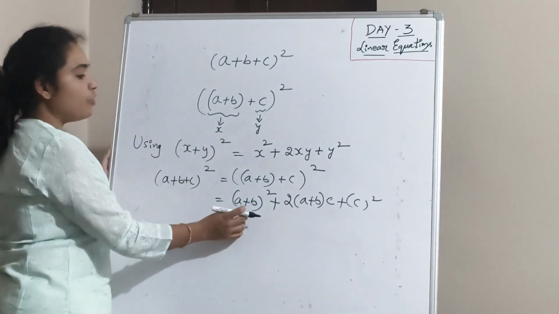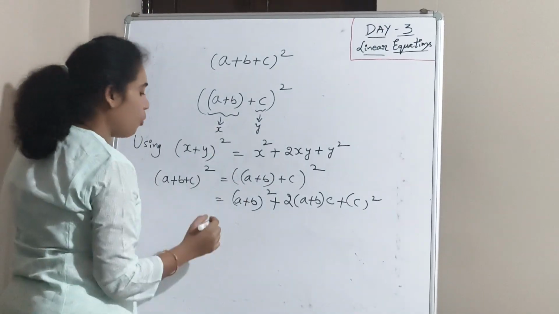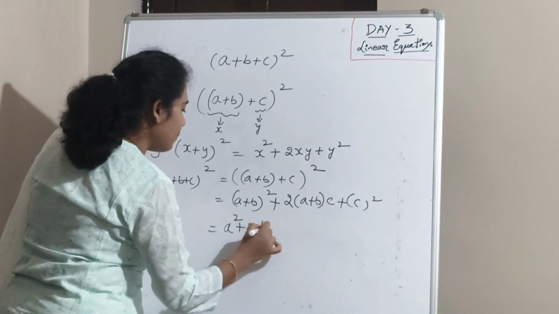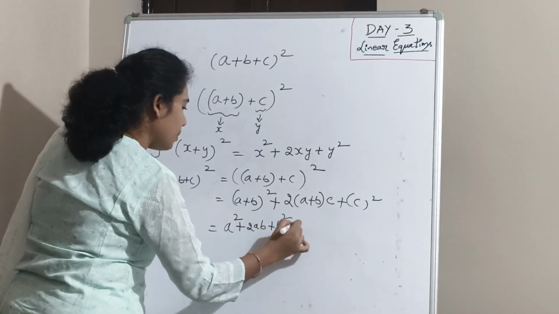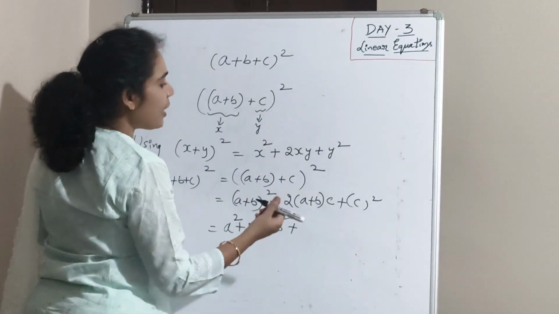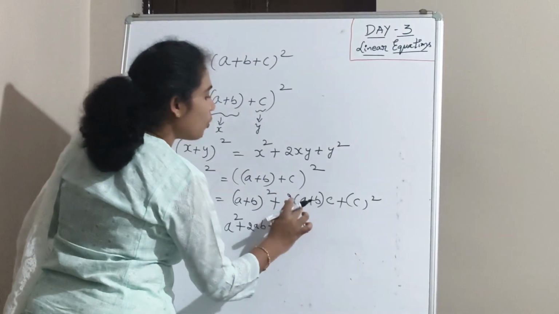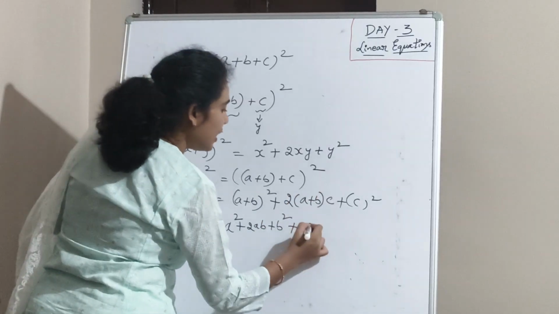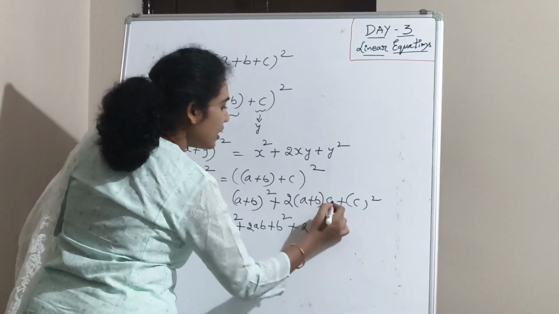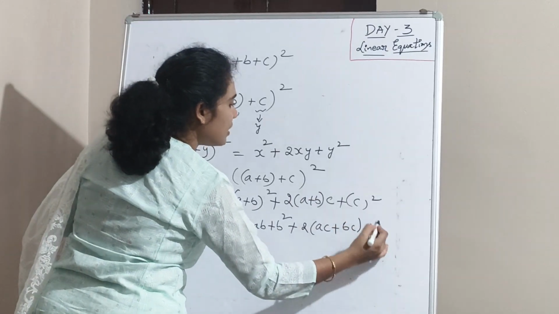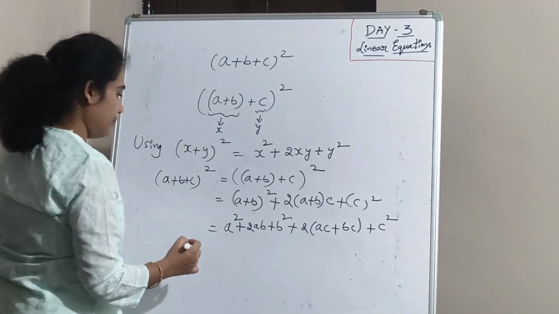Now we know the identity (a plus b) whole square is equal to a square plus 2ab plus b square, plus 2 into, now multiply this term with c: a into c is ac, plus b into c is bc, plus c whole square is c square.